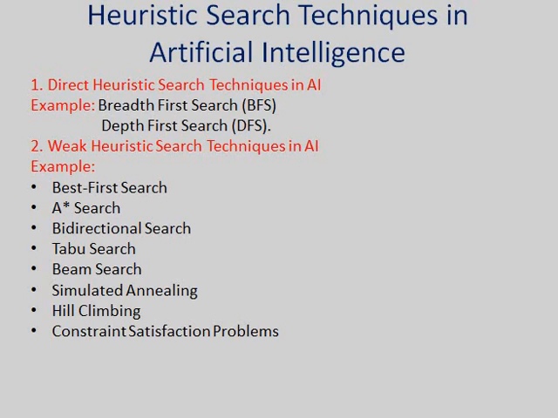These aren't always possible since they demand much time as well as more memory. They search the entire state space for the solution and use an arbitrary ordering of the operations. Two examples of direct heuristic search are breadth first search, commonly known as BFS, and depth first search, known as DFS.